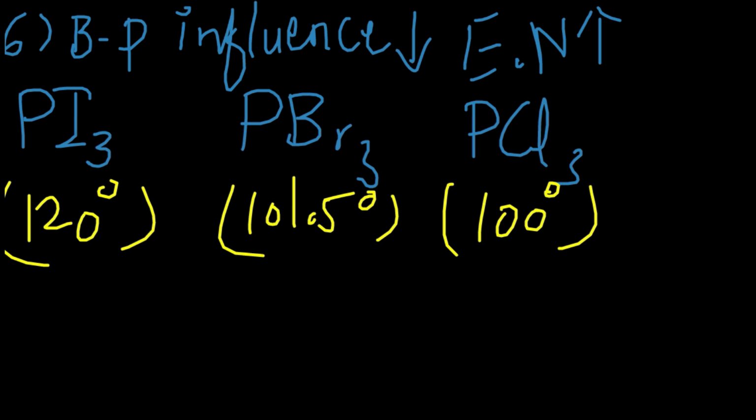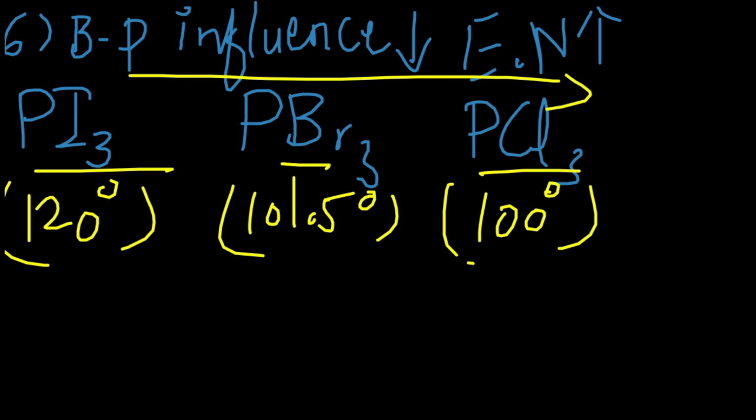Why is it happening? It is happening because the electronegativity of iodine is less than bromine, and bromine has less electronegativity than chlorine. Whenever the electronegativity increases, the bond angle decreases.